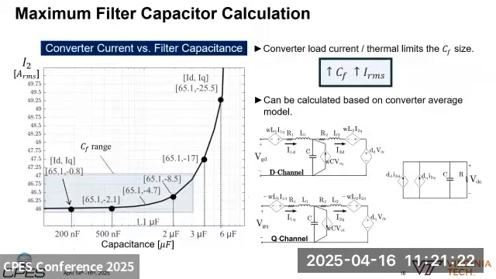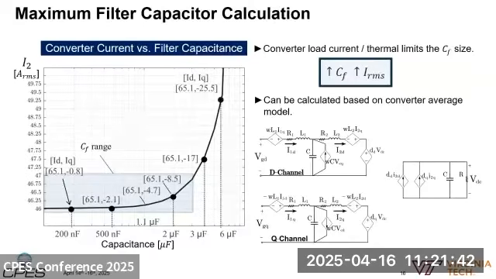One thing we have to be aware of when selecting the capacitance of the filter is that it is limited by the load capability of the converter. As you increase the filter capacitance, it will require more circulating current just to compensate for the power factor.